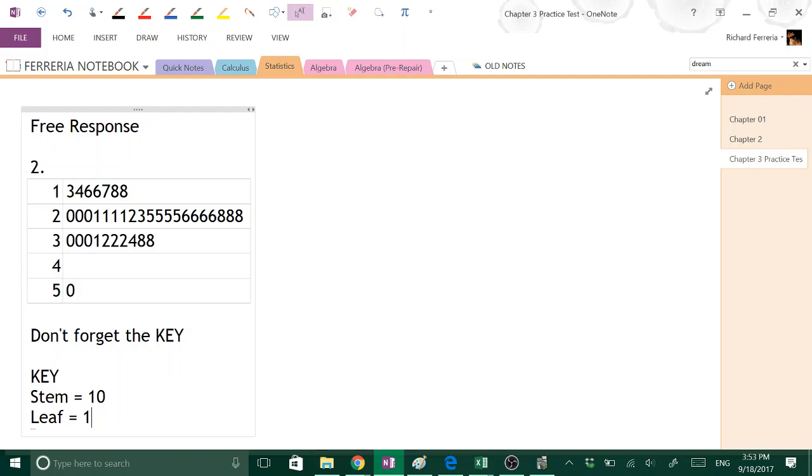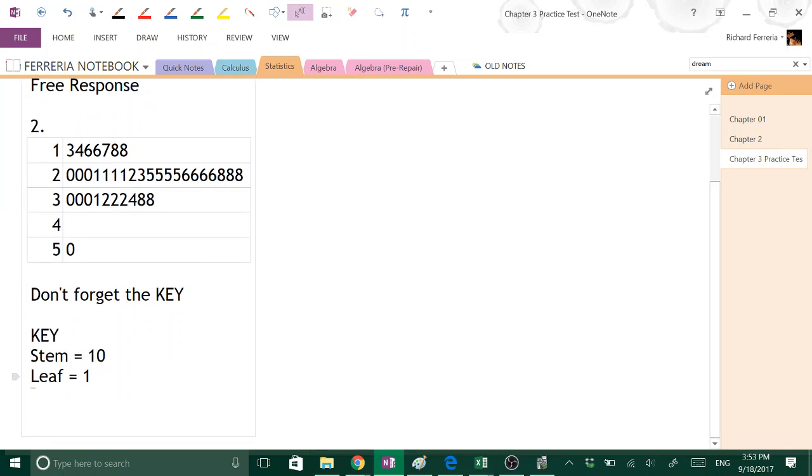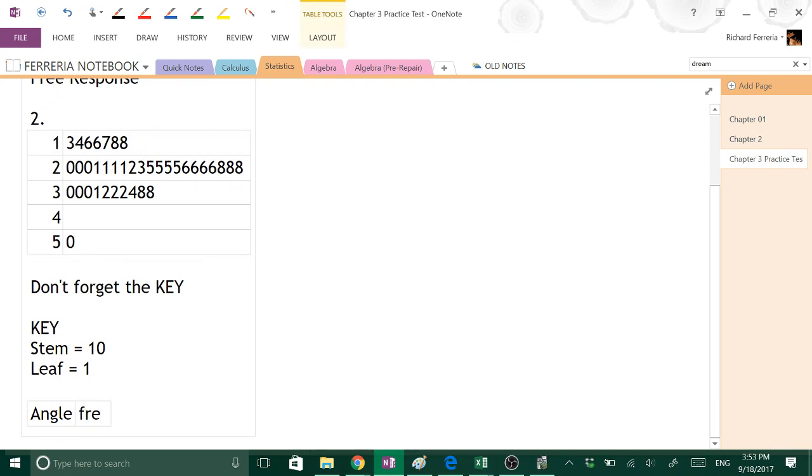Next, using class widths of 5 degrees, create a table of frequency, relative frequency, and cumulative relative frequency. So we want angle, frequency, relative frequency, and cumulative relative frequency.